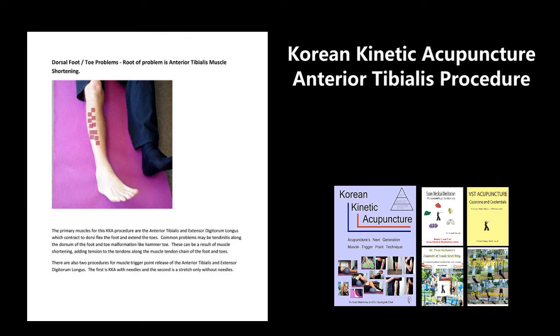These can be a result of muscle shortening, adding tension to the tendons along the muscle tendon chain of the top of the foot and toes. There are also two procedures for muscle trigger point release of the anterior tibialis and extensor digitorum longus. The first is Korean kinetic acupuncture with needles, and the second is a stretch only without needles.